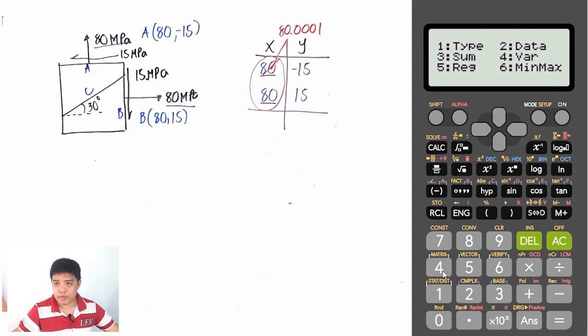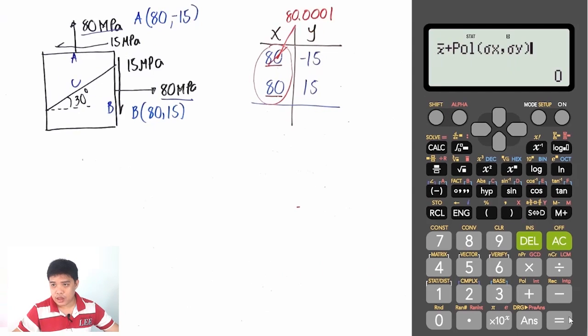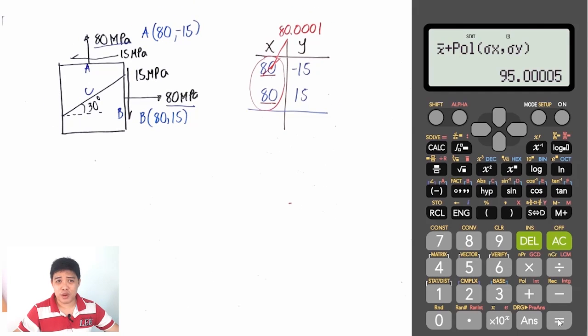That is number 4. And then you have 95.005, which, if you're going to answer in the examination, the answer is obviously 95. And for the minimum, you have 65.00, which is very obviously a real answer of 65.